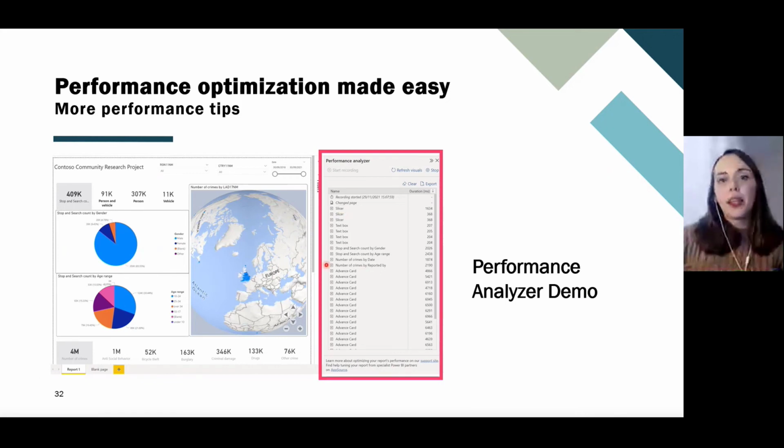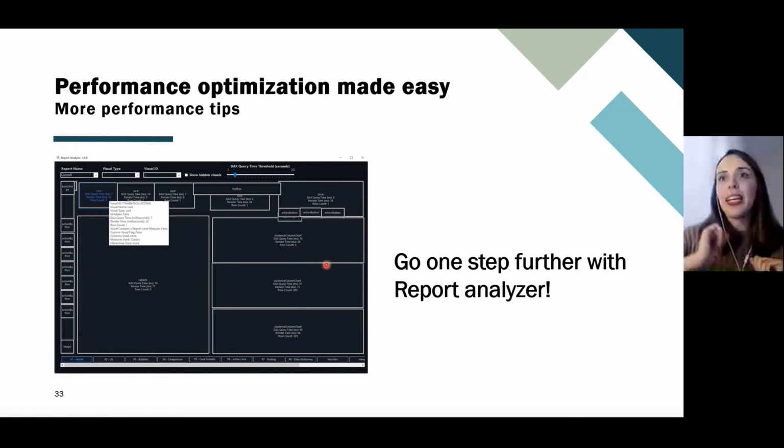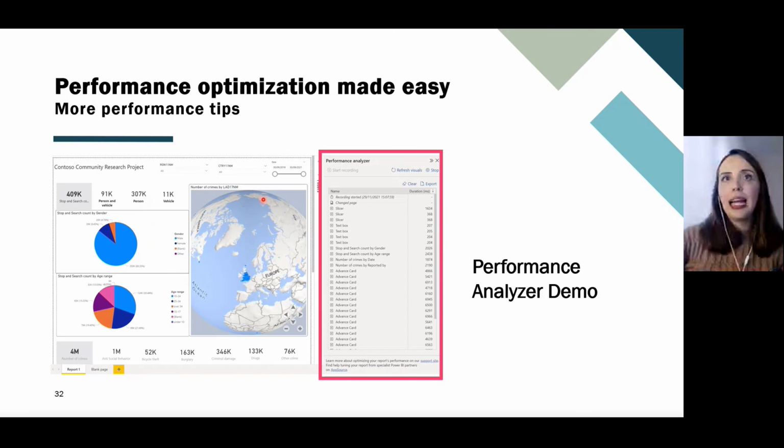Another tool that you can use to do this is the report analyzer, which is kind of new, I think. The report analyzer is basically this performance analyzer, but it takes it to a whole different level.